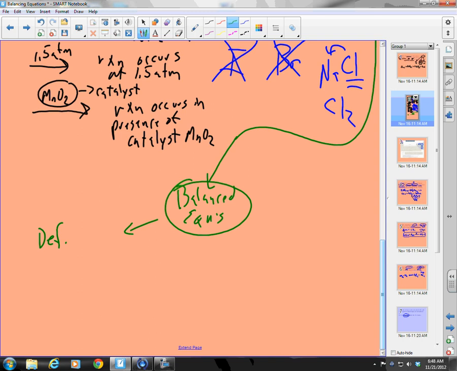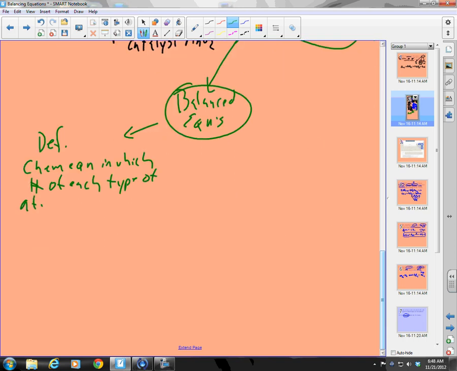I would say that this is a chemical equation in which the number of each type of atom in the reactants equals the number of each type of atom in the products.